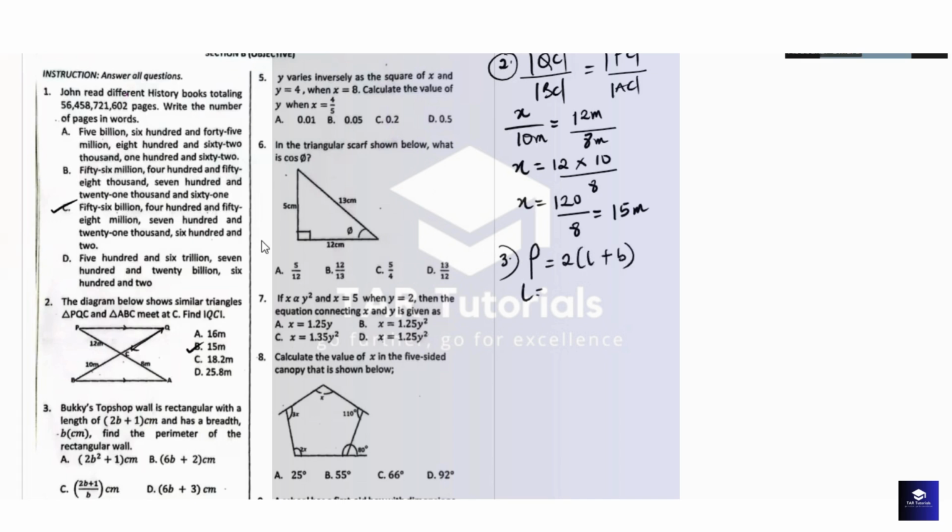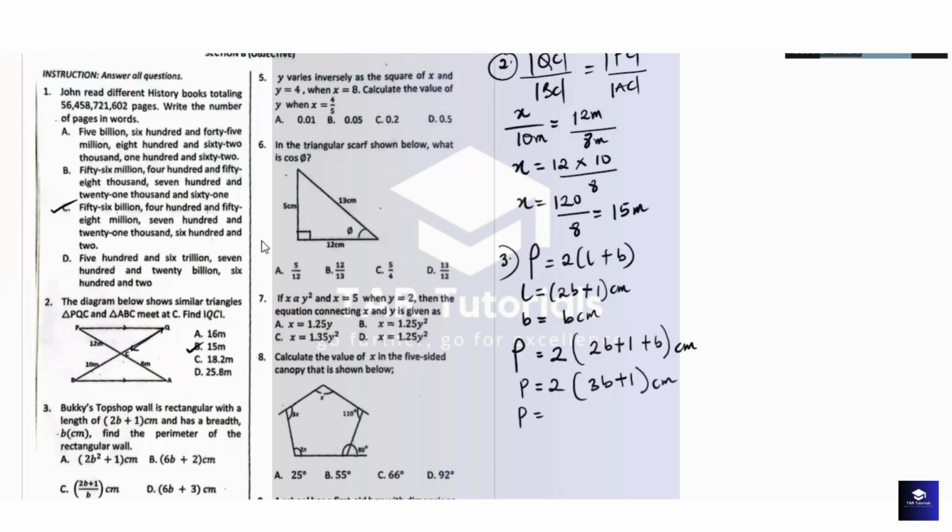Substituting, P equals 2 into bracket 2b plus 1 plus b centimeter, so P equals 2 times 3b plus 1 centimeter.